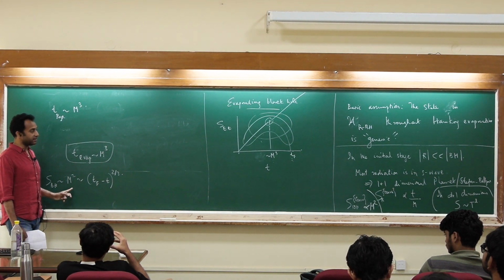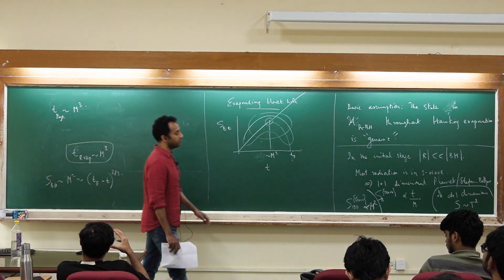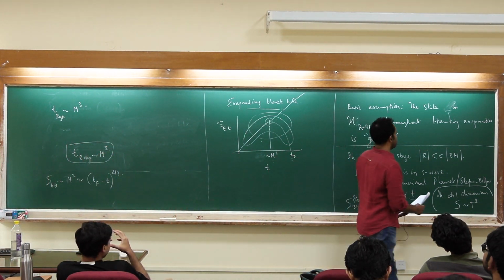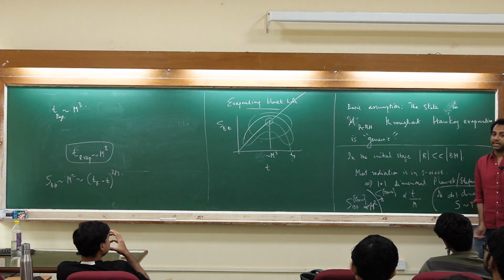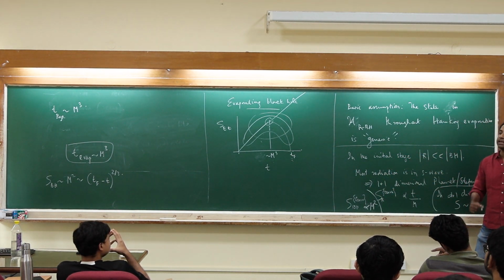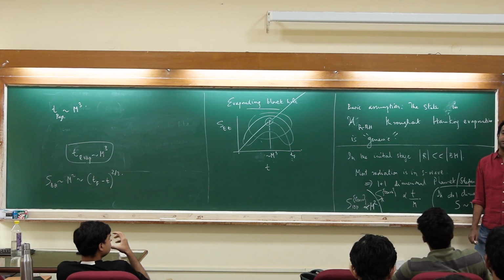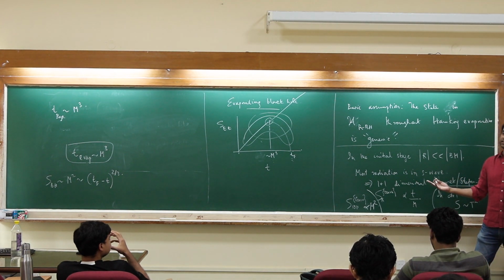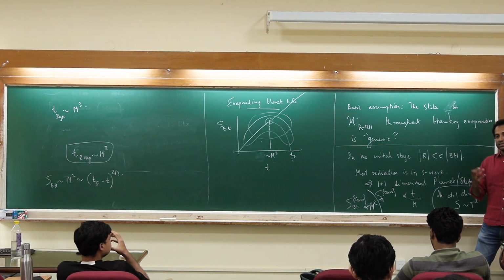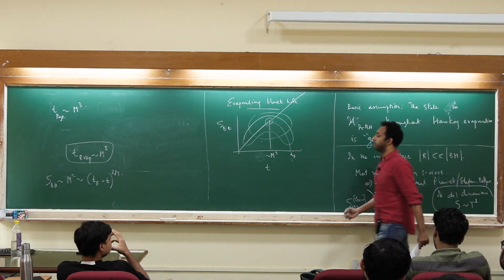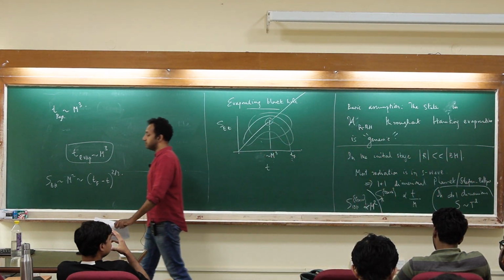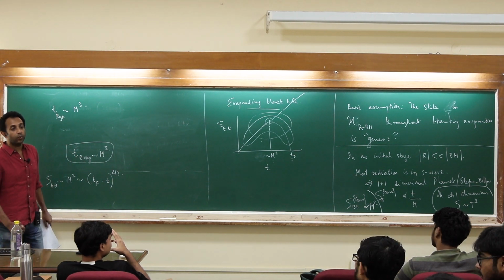What made this calculation possible is Page's theorem. Otherwise we would not know how to compute entanglement entropy. The point of Page's theorem is that if the subsystem is small enough, you can replace the von Neumann entropy with thermal entropy.